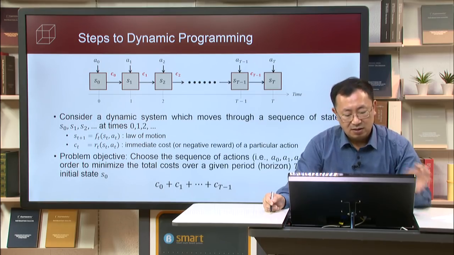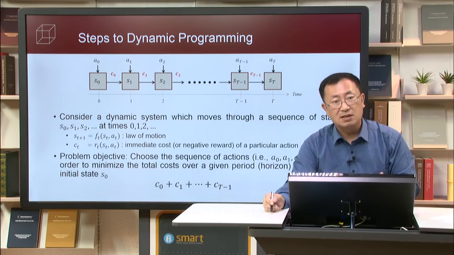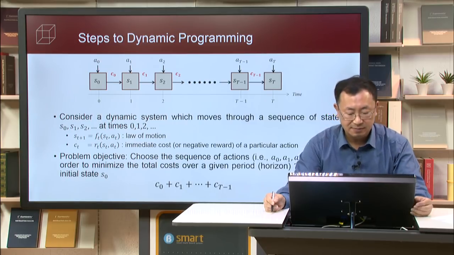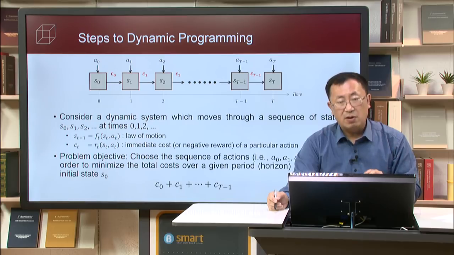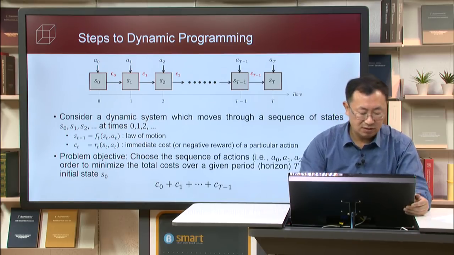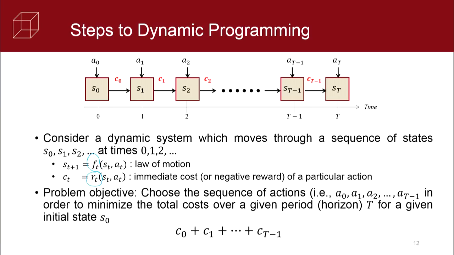Okay, so let us revisit the dynamic system we have seen in the previous slide. This dynamic system is characterized by the following two functions, f_t and r_t, right? Then f_t specifies how this dynamic system evolves over time. So f_t is a function of the current state and action, right?